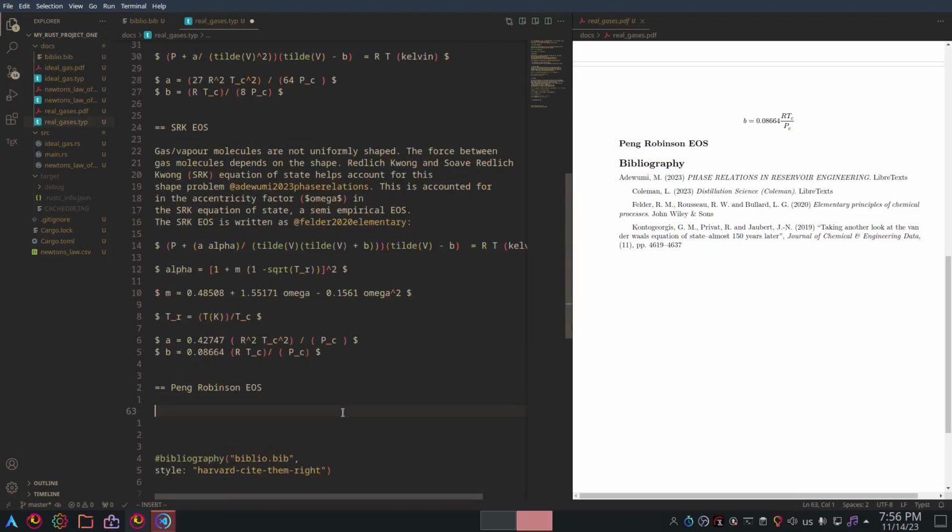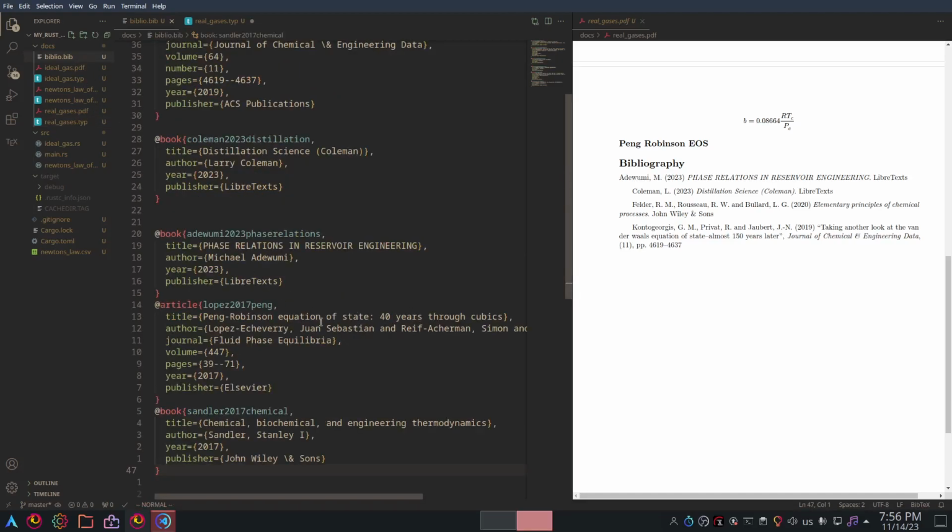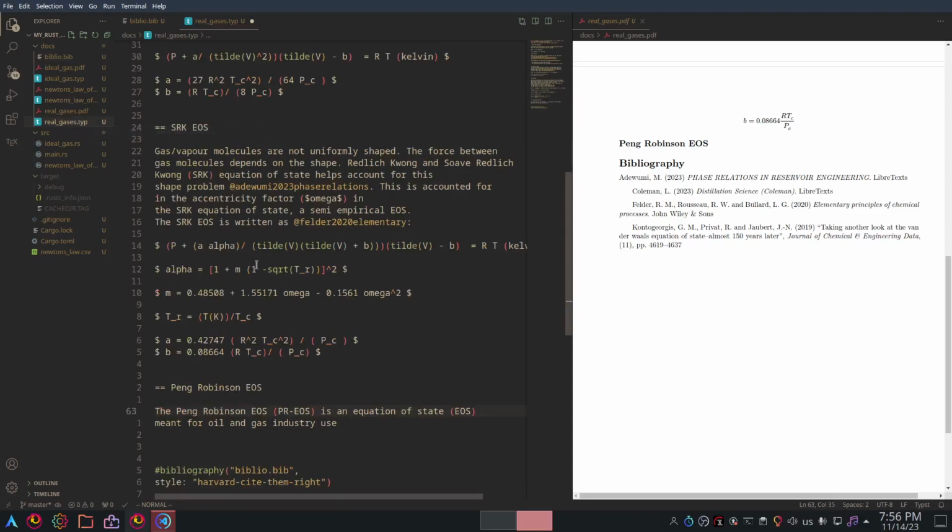So PREOS, the Peng-Robinson EOS, otherwise known as PREOS, is an equation of state, again I'll put EOS here, meant for oil and gas industry use.